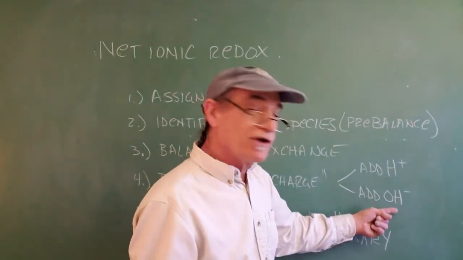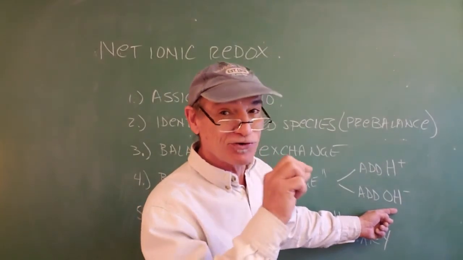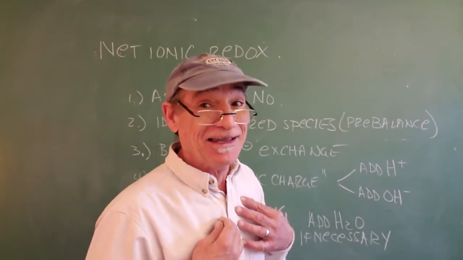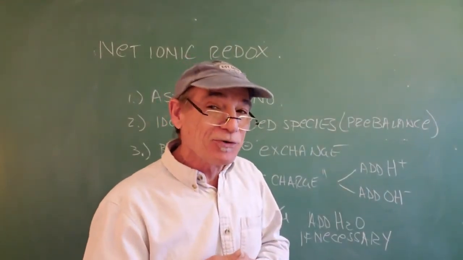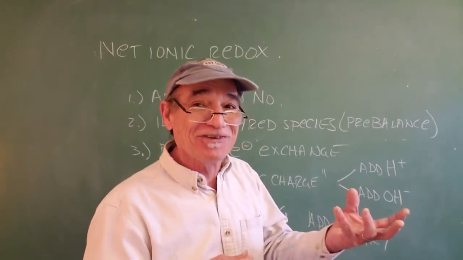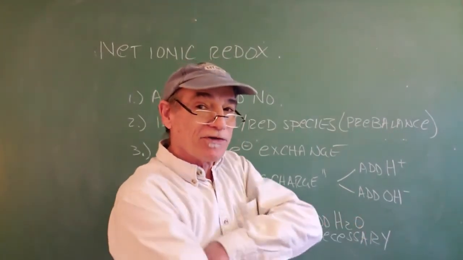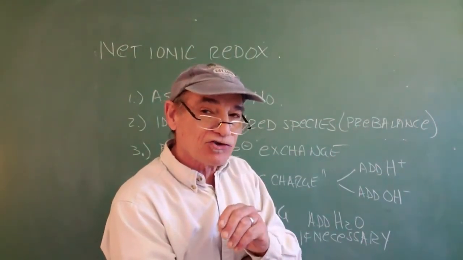If the equation is run in a basic solution, you're allowed to add hydroxides to either side. Now remember, back in the molecular equations, we didn't add anything. Everything we needed was there already. In the ionic equations, we get to add hydrogens or hydroxides depending on what media they told us they were running the reaction in. And again, this is in order to balance the ionic charge.